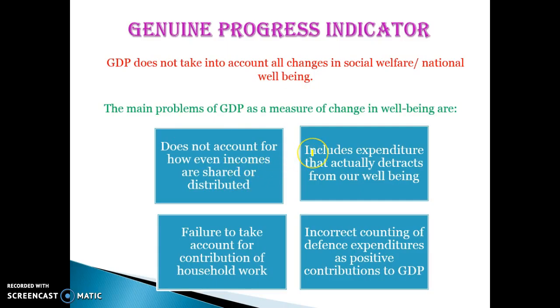It doesn't take into account expenditure that actually detracts from our well-being, for example, mothers or fathers spending all their money at casinos. It fails to take into account household work, and it incorrectly counts defence expenditure as a positive contribution to GDP. So if a country is spending, say, $500 million on defence, that will be included in GDP, but it's not really a good thing for a country to have to spend billions and billions of dollars on defending its nation.